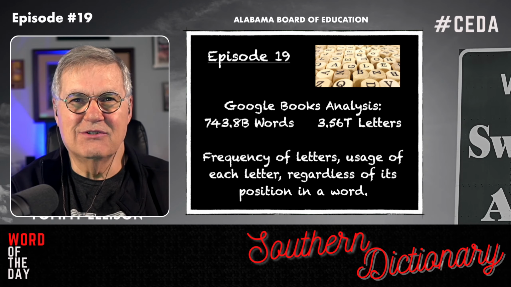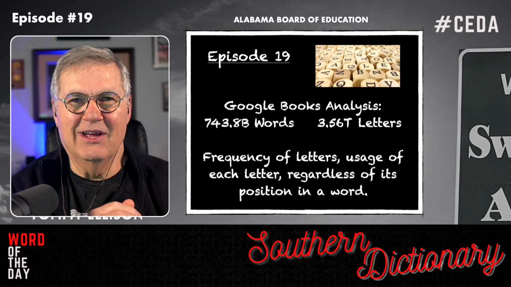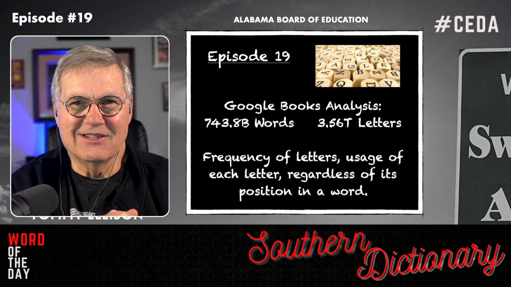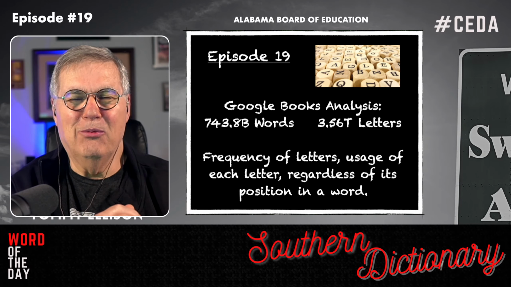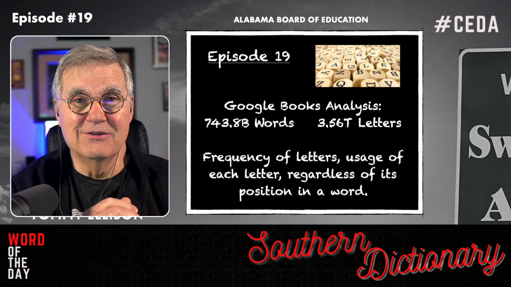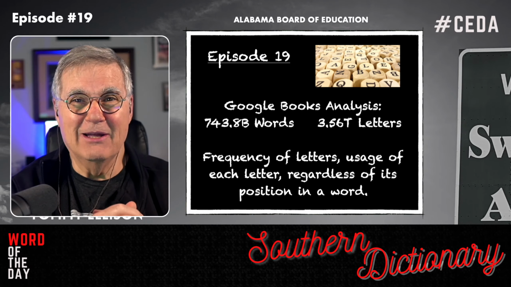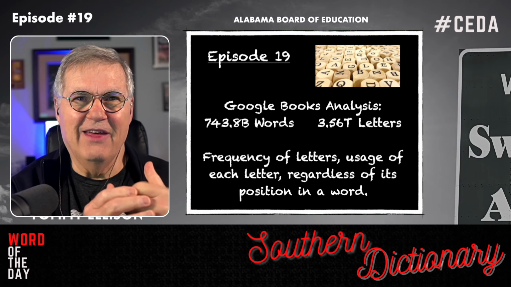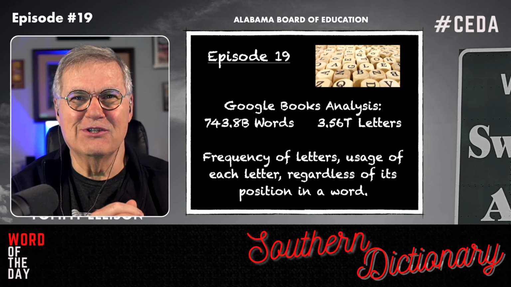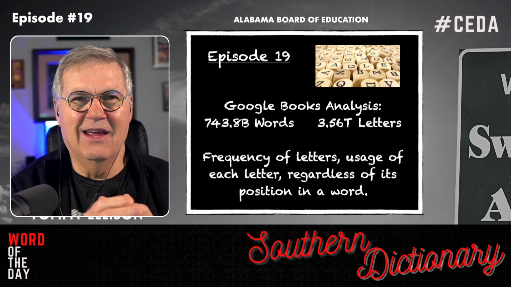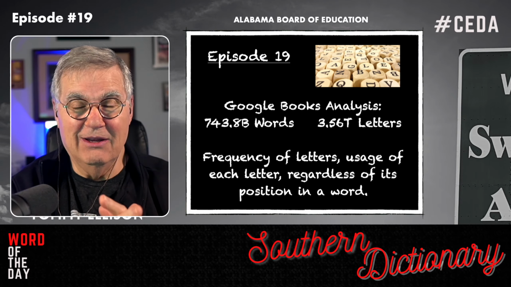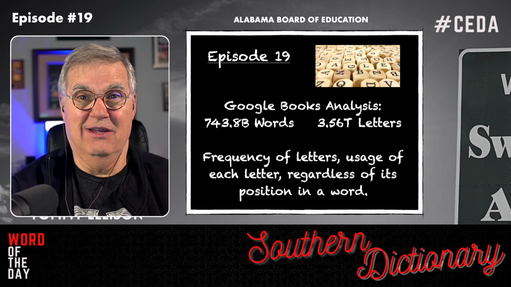And those 743 plus billion words actually translated into 3.56 trillion letters of the English alphabet. He began to put together some tables to analyze the frequency of the letters, and the usage of each letter, regardless of its position in the word.